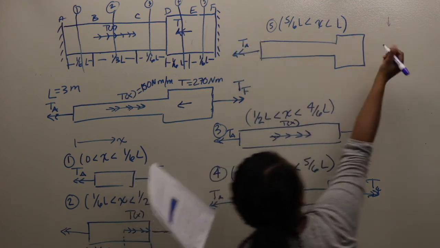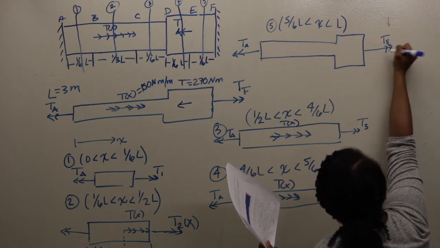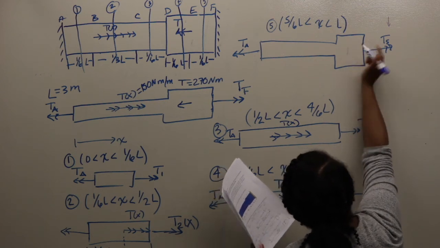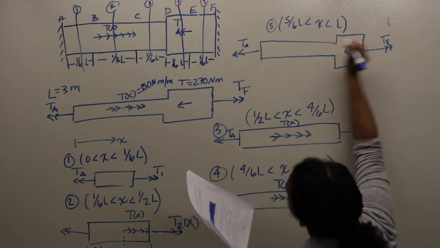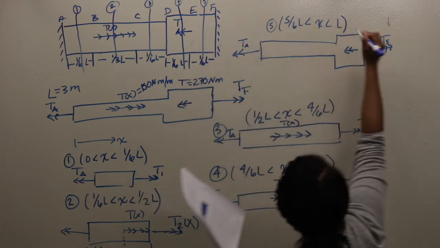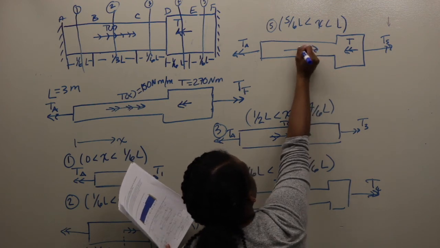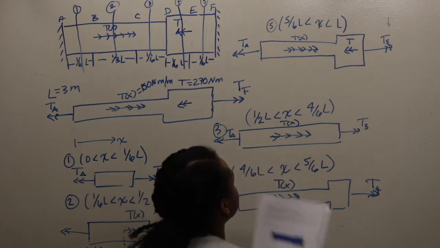You have the reactive torque, you have torque of cut 5, and then a newcomer is this concentrated torque right here. Let me put a torque symbol. This concentrated torque right here, T, and then your distributed torque right here in the area.